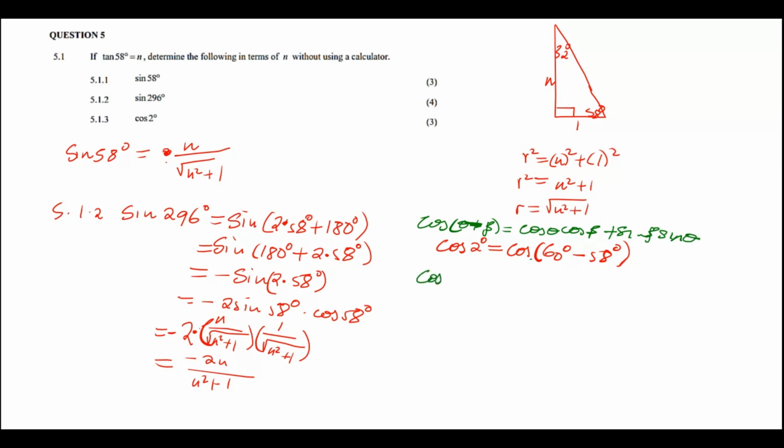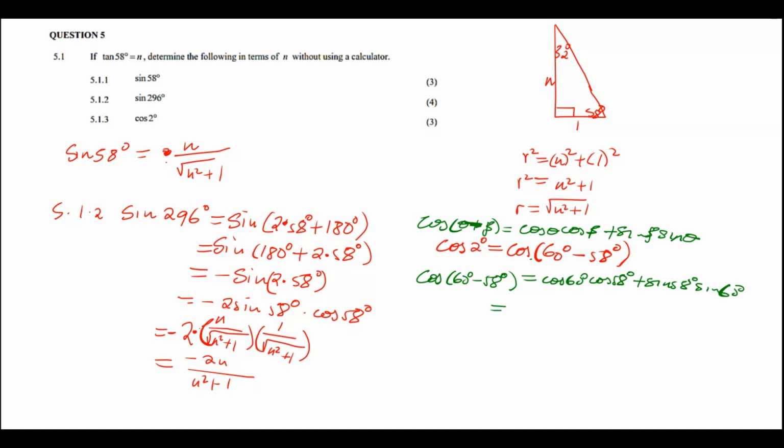This is cos of 60 degrees minus 58 degrees. In expanding this, we are just going to remain with cos 60 degrees, cos 58 degrees, plus sine 58 degrees and sine 60 degrees. So 60 degrees is a special angle, but the 58 degrees is what we have in our diagram, so we can determine it directly from the diagram.